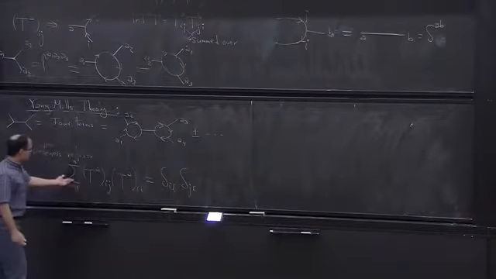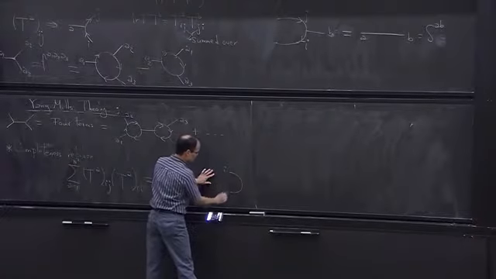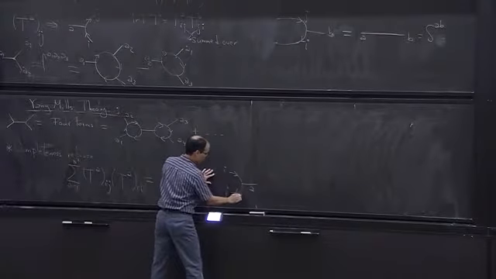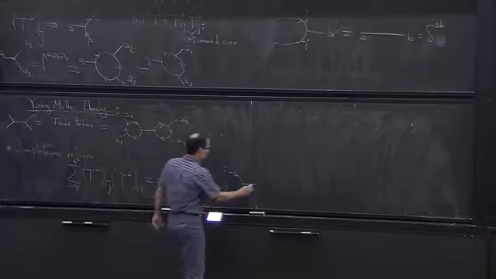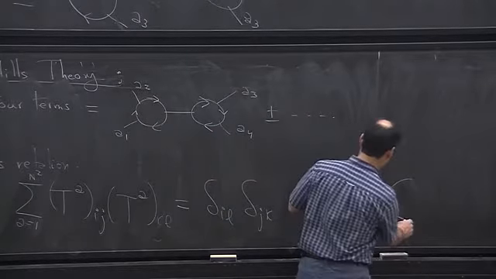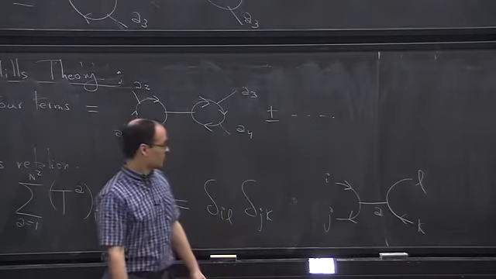So how does this look? Well, we are experts now. So this looks like this. We have i and j, i going into A, that's this thing. And then on the other side, we have k going into A, and l is coming out.